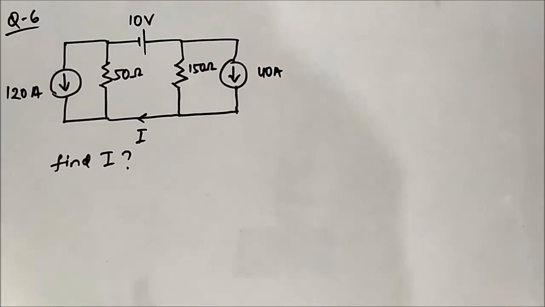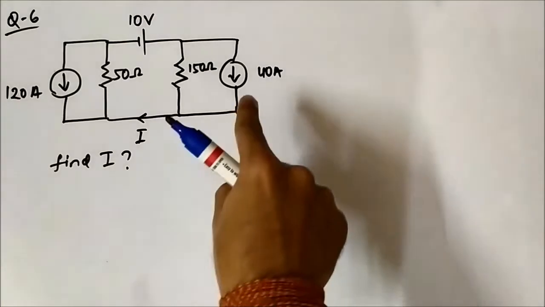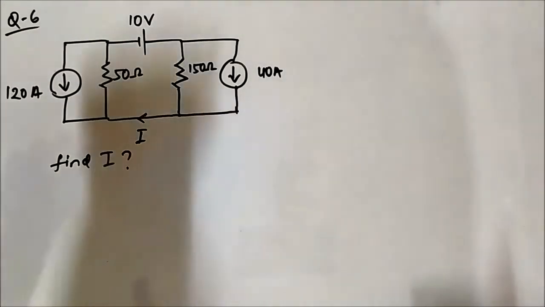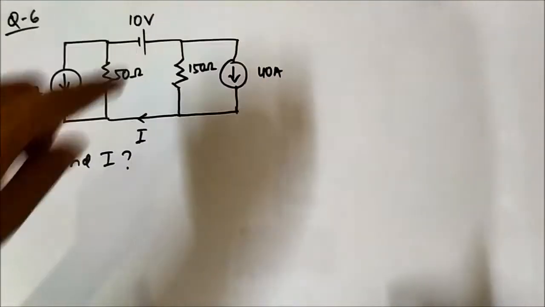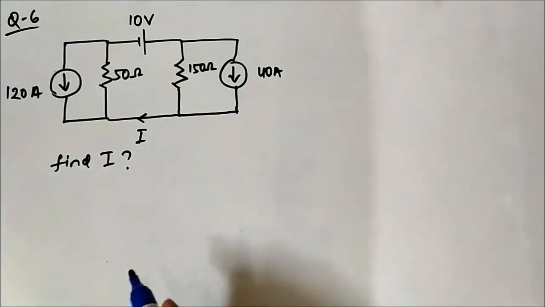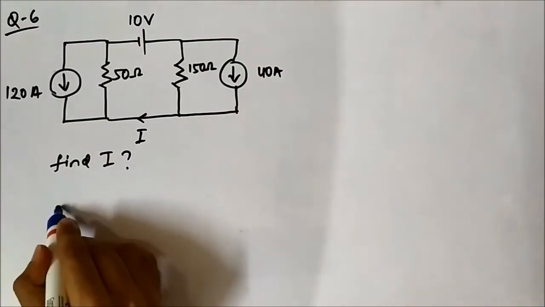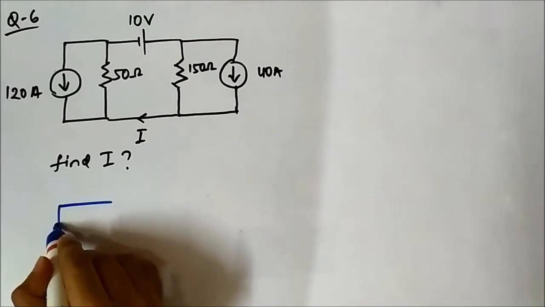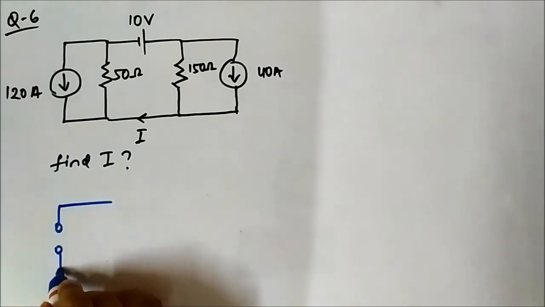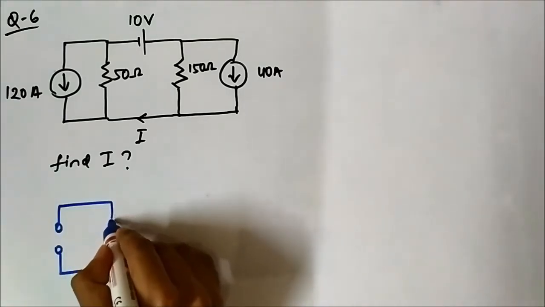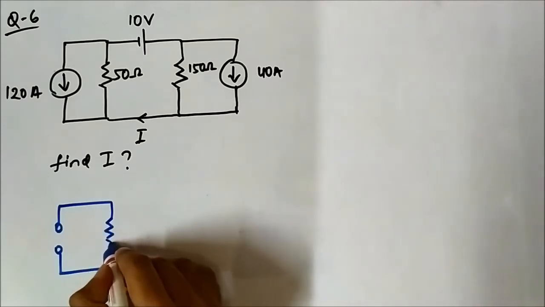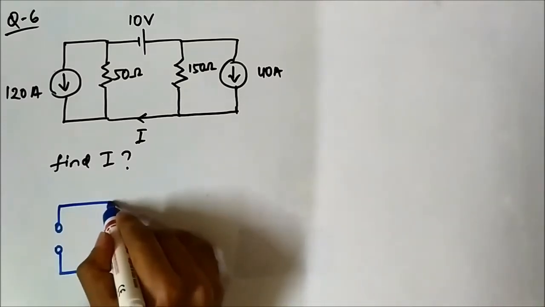So let us first consider the 40 ampere current source. We will open circuit 120 ampere, short circuit 10 volt. So we are open circuiting this. This is 50 ohm.